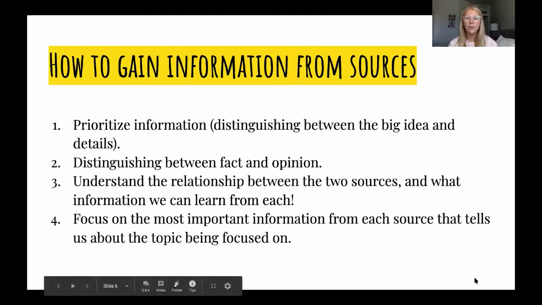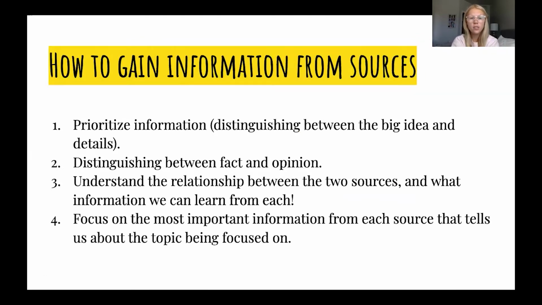How do we gain information from sources? First, we prioritize our information, distinguishing between the big idea and details. Depending on what type of information we're looking for, we might just be looking for a big idea, or we might be looking for big ideas and details, more information about the topic. Number two, distinguishing between fact and opinion. A fact is something that can be proven, and an opinion is a way someone feels about something, which cannot be proven.